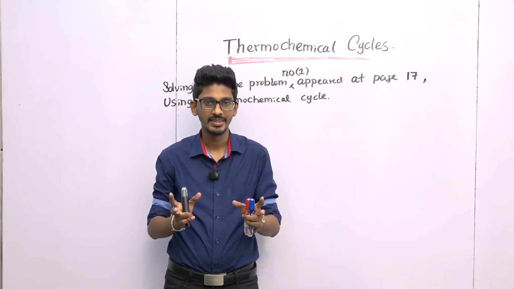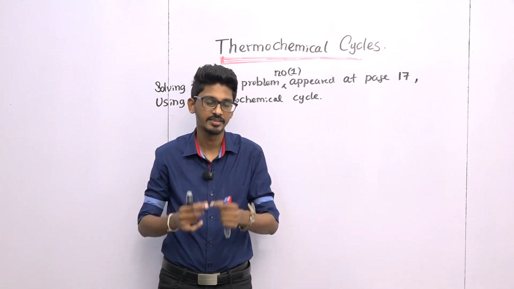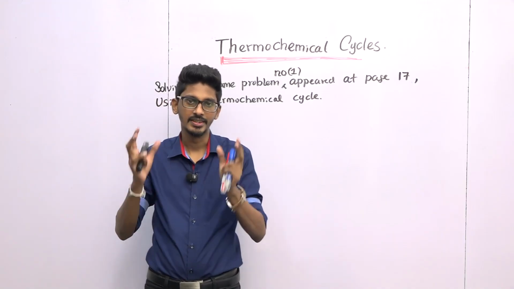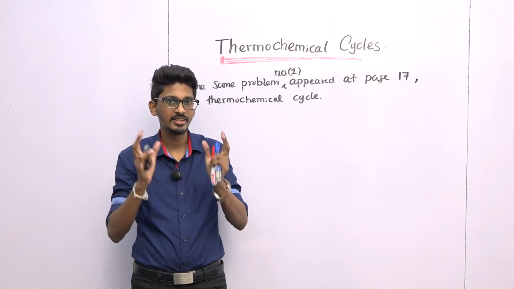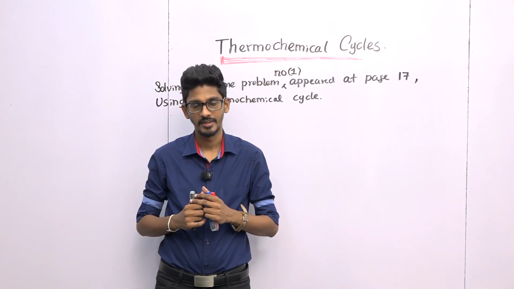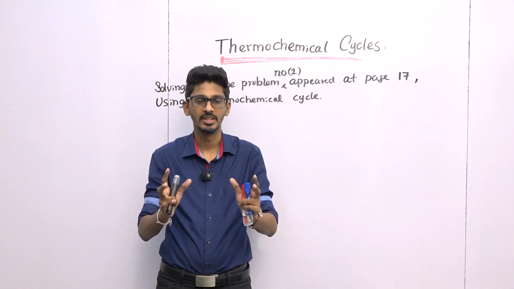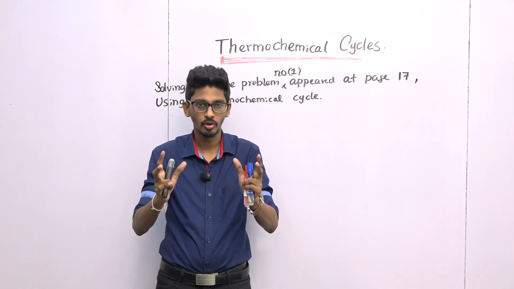Goal means relevant to the question that they are asking. In this case, they are asking us to find out the delta H naught R of a given reaction. So first thing to do is write that given reaction for which we need to solve for delta H naught R.